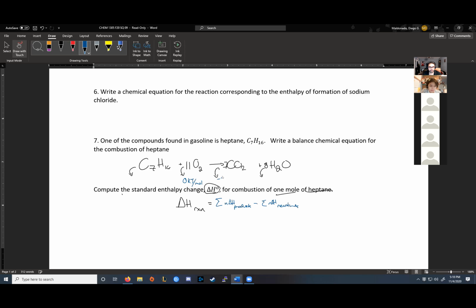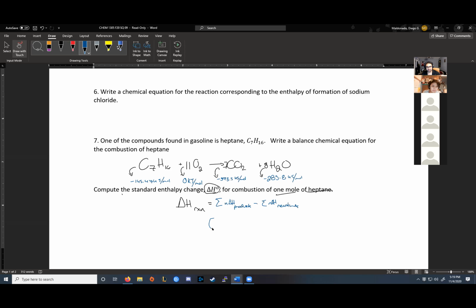So negative 393.5 kilojoules per mole for CO2, and then H2O, I believe, is negative 285.8 kilojoules per mole, and then just heptane. I researched it and it was negative 145.47. Thank you. Okay, so we use those numbers. Of course, these numbers will be provided to you guys.